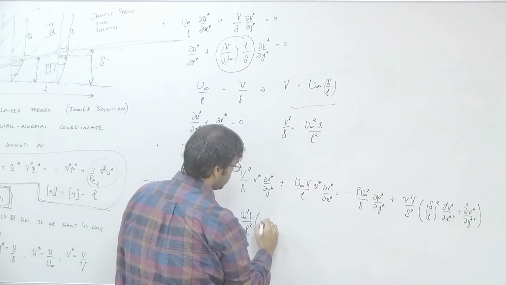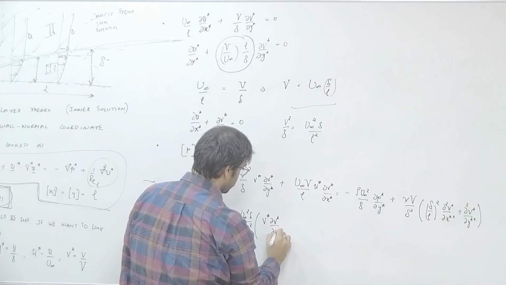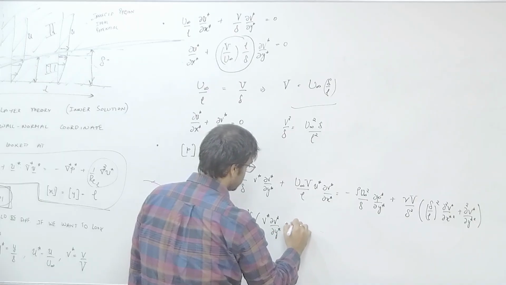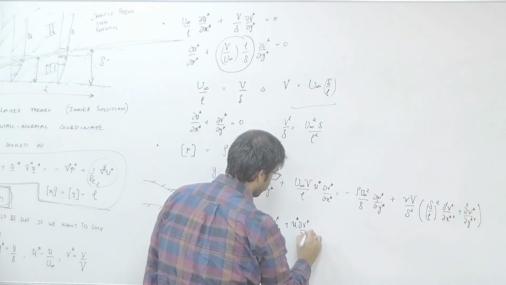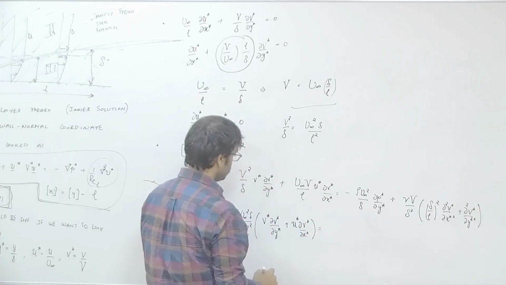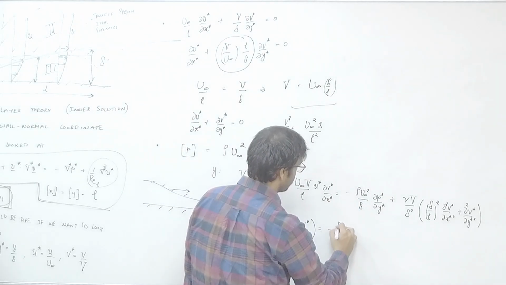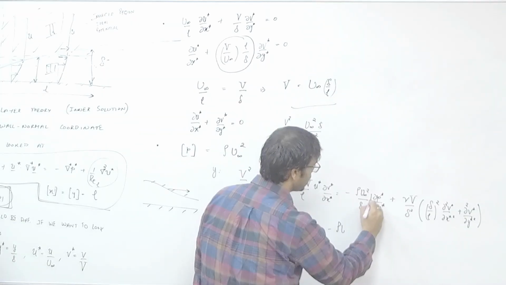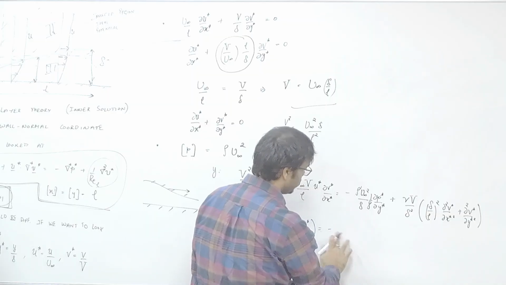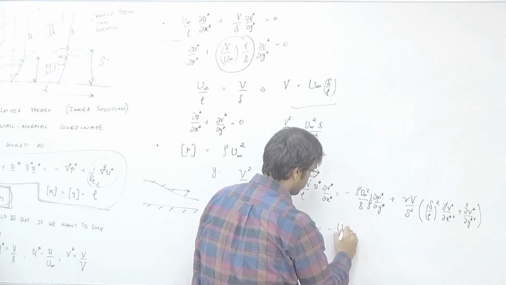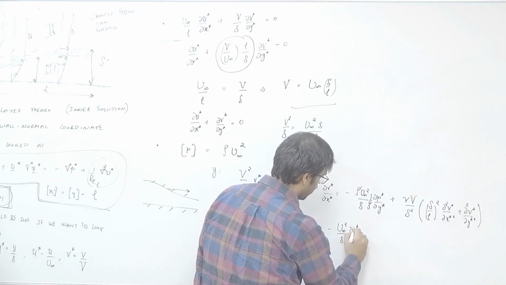So we can write v star del v star over del y star plus u star del v star over del x star. Here we have minus rho U infinity squared. Oh, there was a 1 by rho also that needs to come here, and so that will cancel out. So rho will go away. So you have a minus U infinity squared over delta, del p star over del y star.